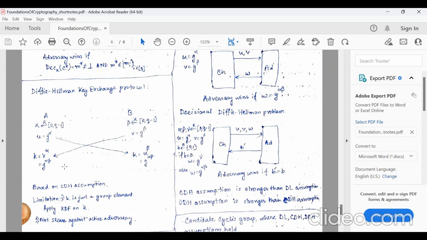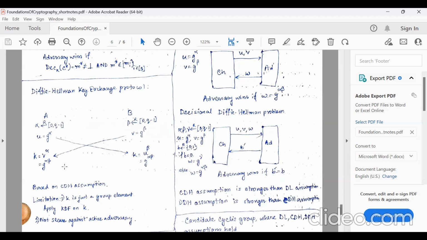But how they agreed upon such a shared key K was not clear previously. So that's why we talk about the key exchange problem, and Diffie-Hellman suggested this nice idea of sharing a key between two parties even without any prior information between them.